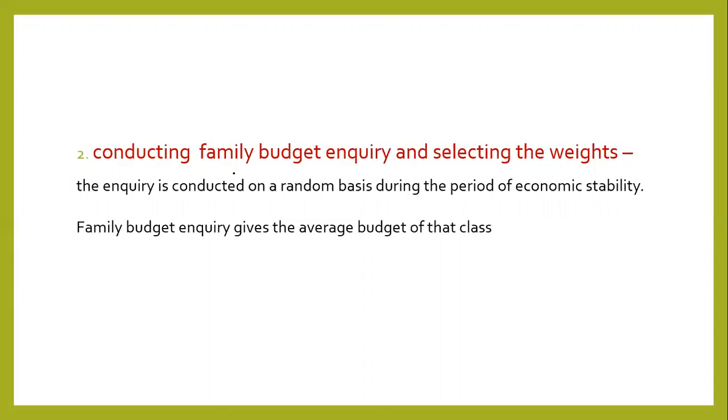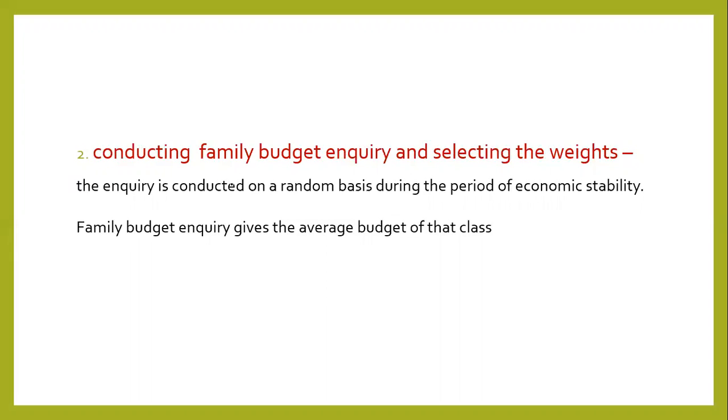When you randomly select some families, whom you choose at random, whatever money is spent on the various items has to be collected. So in family budget inquiry, the main thing is you have to randomly select the family.